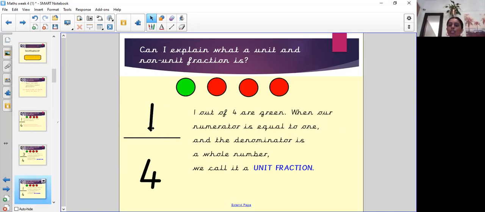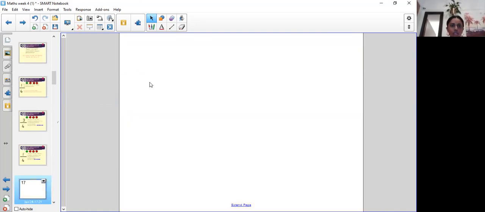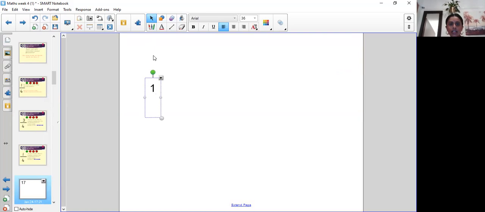And this here is called a unit fraction because we have 4 counters, one of them is green, so the denominator is 4 and the numerator is 1. Let me just show you what I mean. Let's take, for example, the fraction 1 over 4.